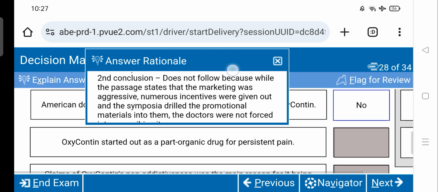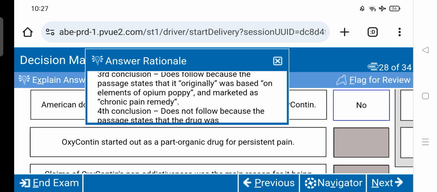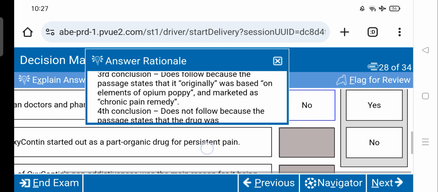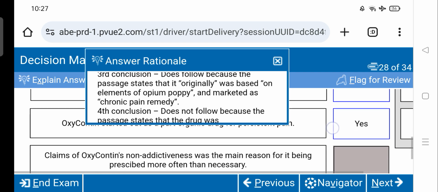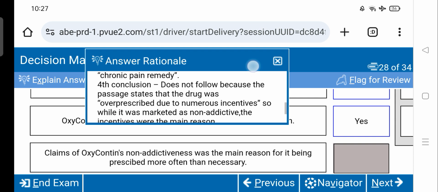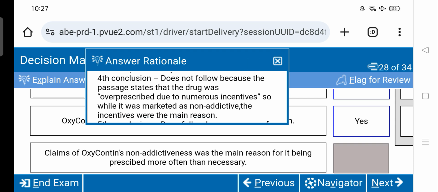Third conclusion, it does follow because the passage states that it originally was based on elements of opium poppy and marketed as a chronic pain remedy. So we will drag a yes and drop it here. Fourth conclusion does not follow because the passage states that the drug was overprescribed due to numerous incentives.